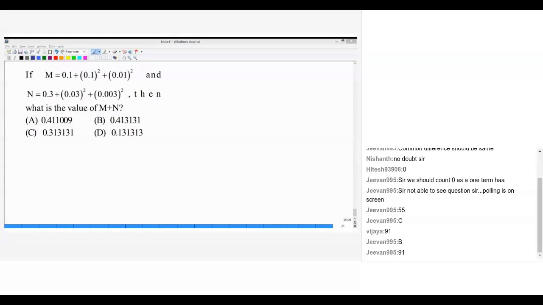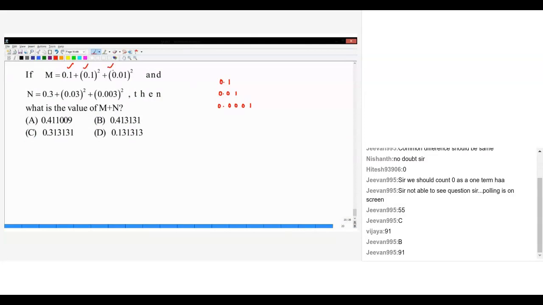Answer for this. 0.1, 0.01, 0.0001. These 3 terms done. 0.3, 0.0009, 0.00009.